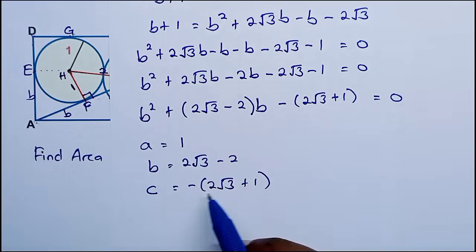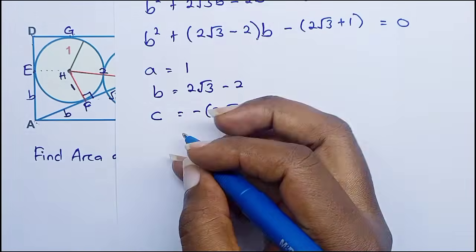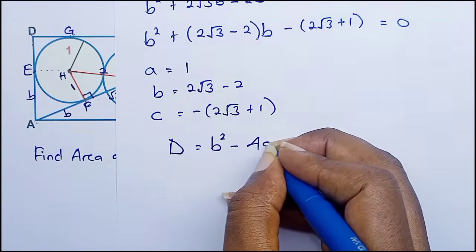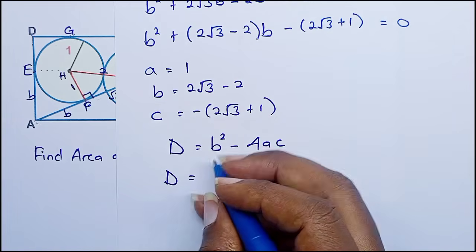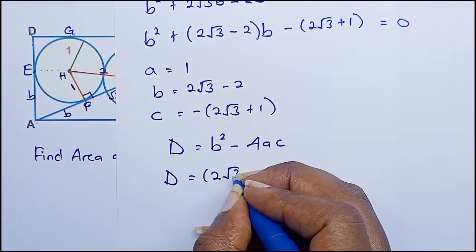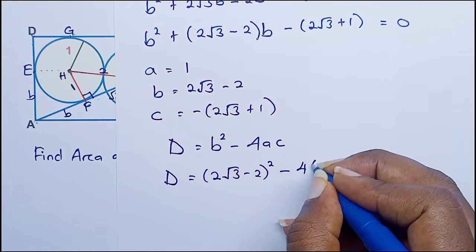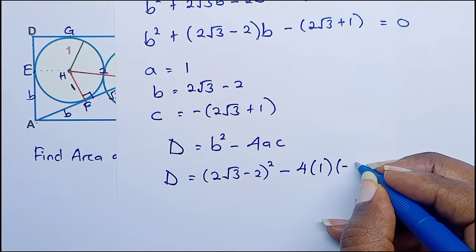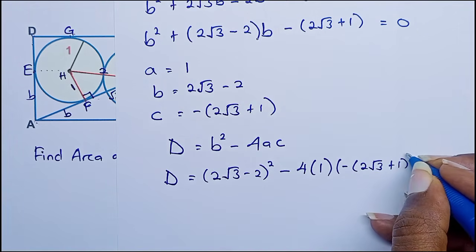So we're going to substitute these values into the discriminant formula, which is D equals B squared minus 4AC. So D will be equal to, B is 2 root 3 minus 2, so this is squared, minus 4 into 1 into C is negative, into 2 root 3 plus 1.